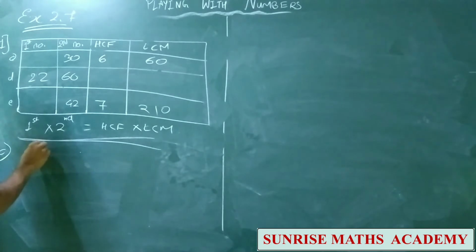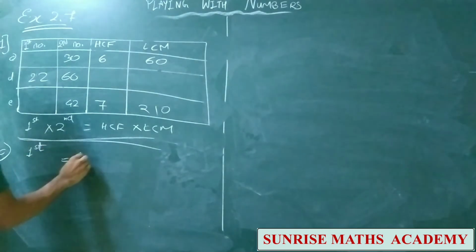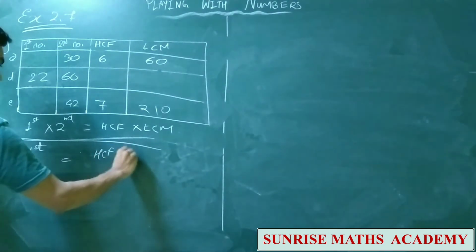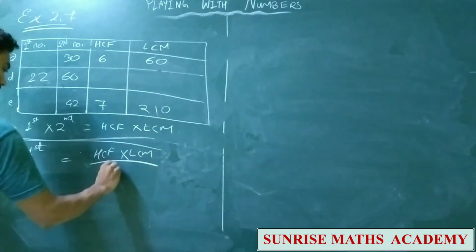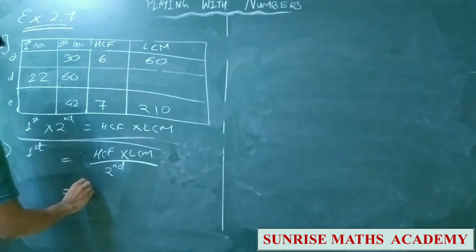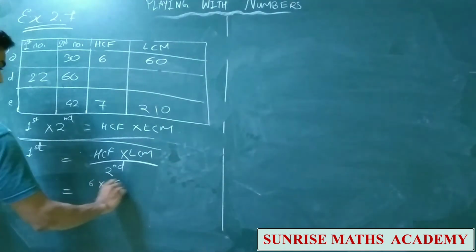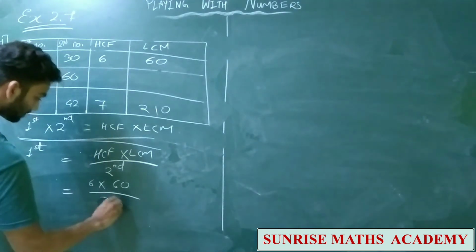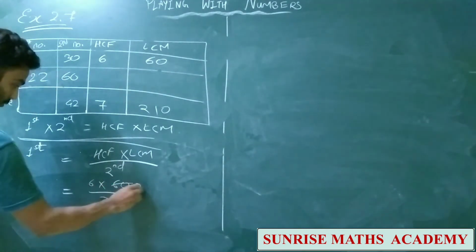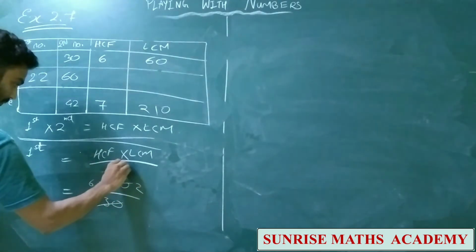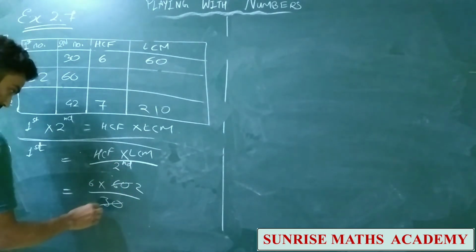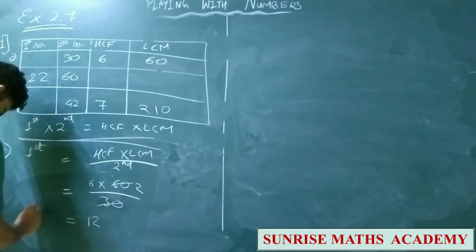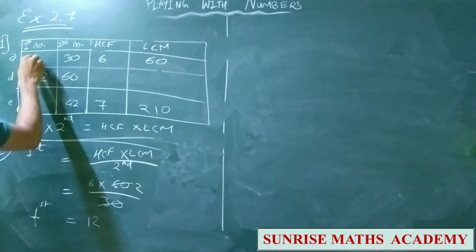So first number is equal to HCF into LCM upon second number. HCF is 6, LCM is 60 and the second number is 30. So 6 into 2, 12. First number is 12.